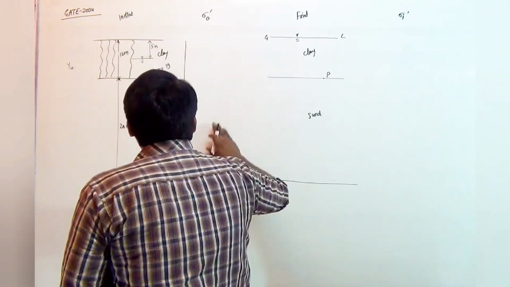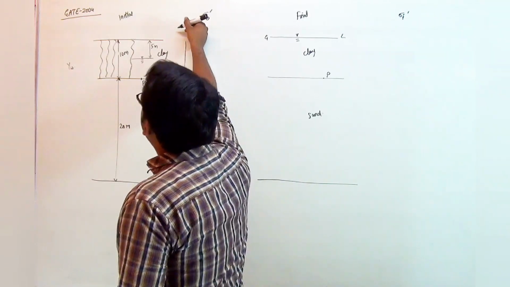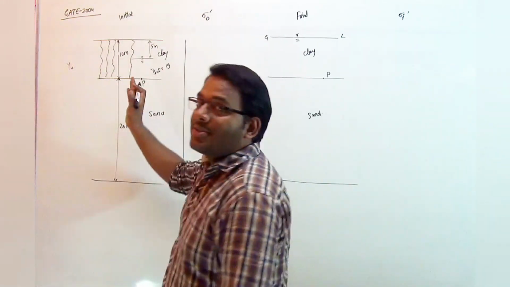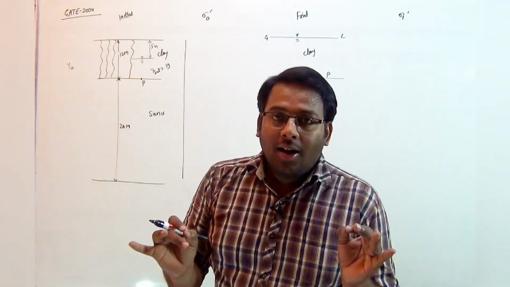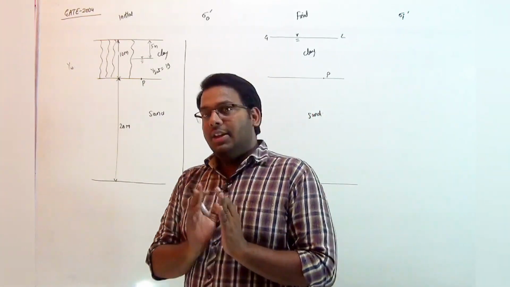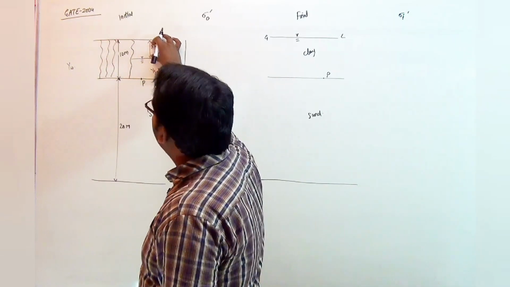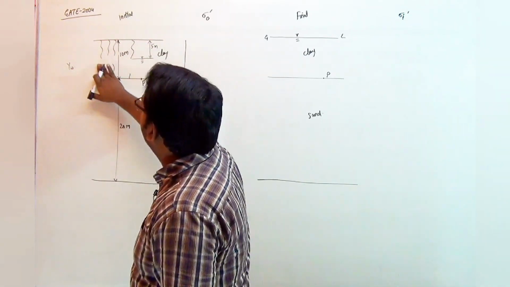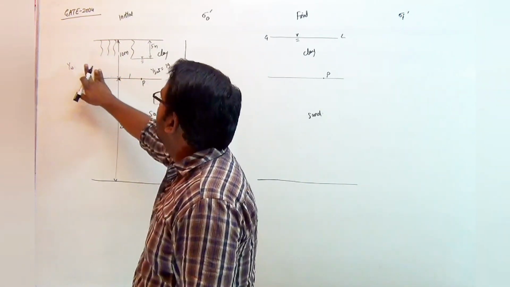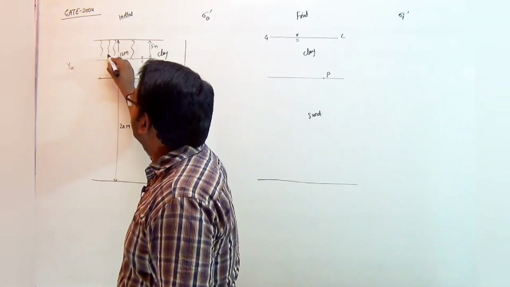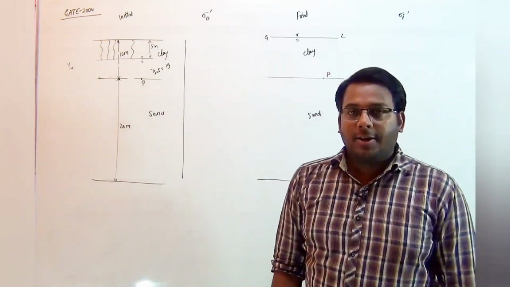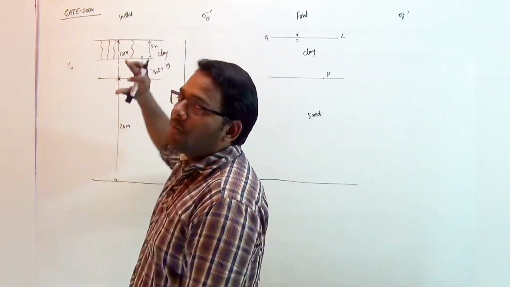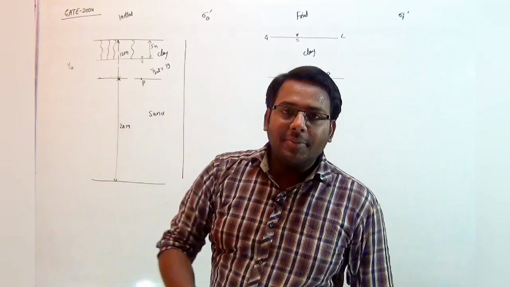We already know that in the capillary zone, the effective stress increases by a value of gamma W into h_c. Here, for the first 5 meter only, the soil is capillary saturated. So capillary saturation will be only for the 5 meter. So you can say that the height of capillary rise is 5 meter.